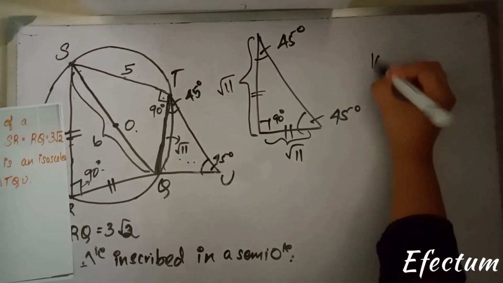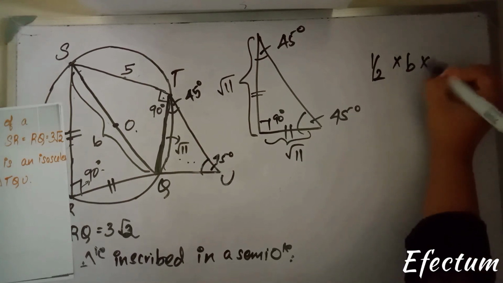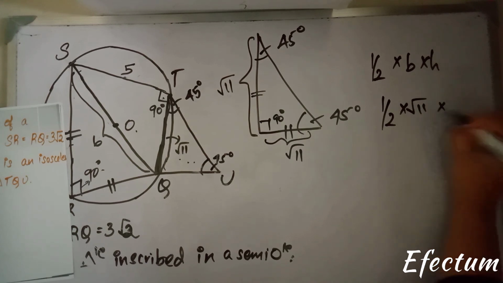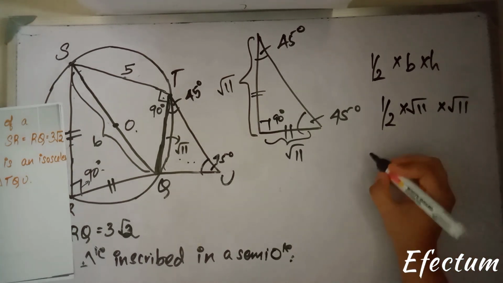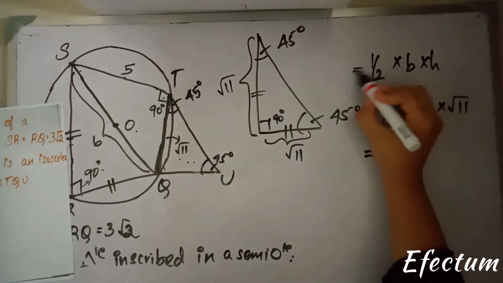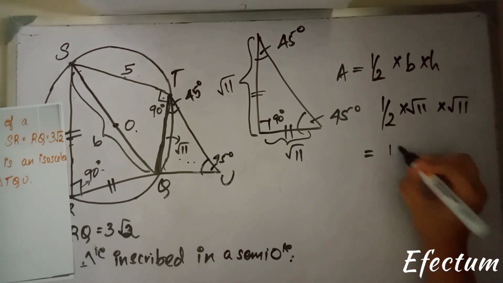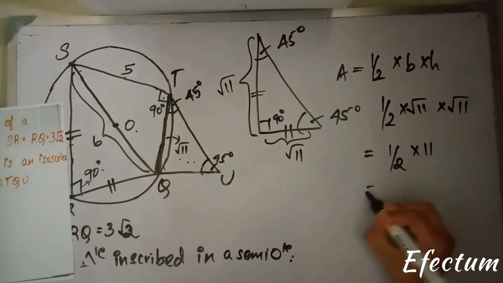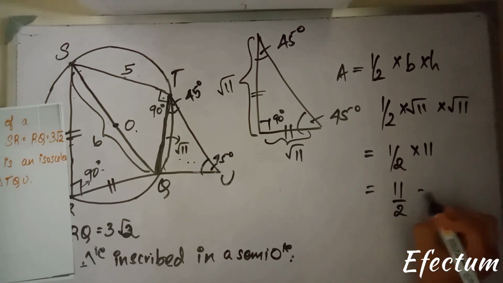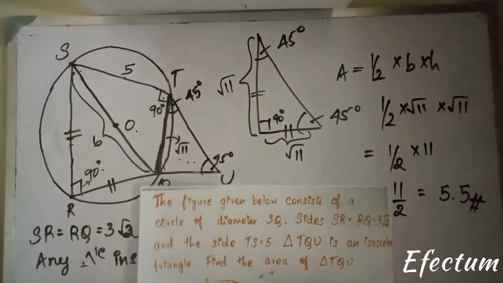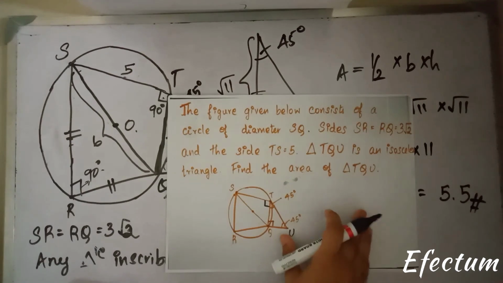So we have the base and the height. The base is root 11, and the height is also equal to root 11. So we can easily find out the area using this formula, half into b into h. We have half into 11, and that gives us 11 by 2, which is 5.5. So we have found out the area of the isosceles triangle, and that is 5.5.